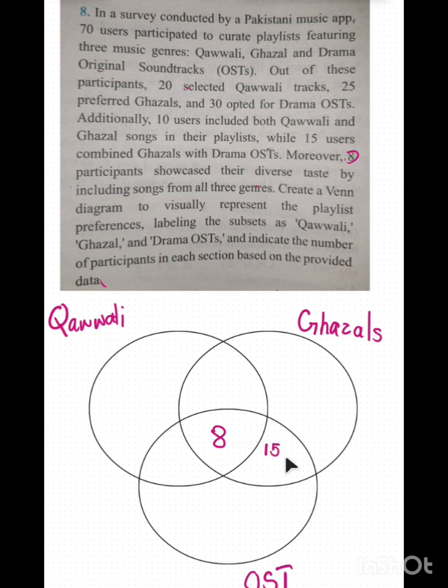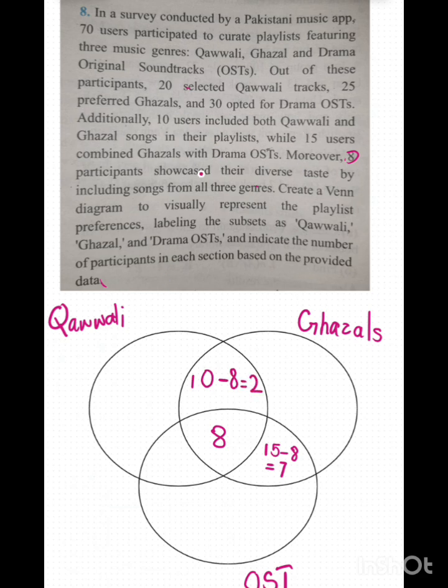Now the participants who are having interest in Ghazal and drama were 15. So 15 minus 8 will become 7. Now the participants who had interest in Qawwali and Ghazals in total are 10. When we subtract 8, there are 2 in this category.